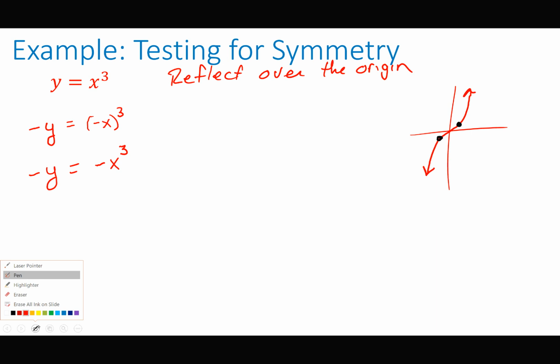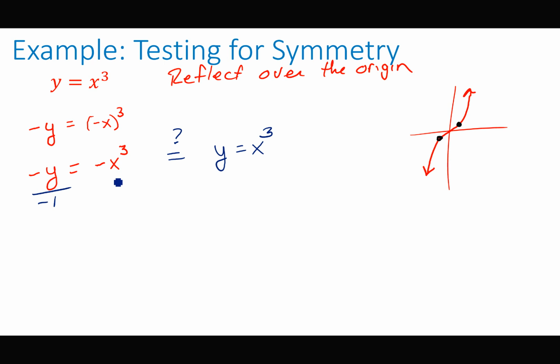So my question to you is, is negative y equaling negative x cubed the same thing as y equals x cubed? Is that a true statement? Yeah, because you could think of it, if I divide this by -1, this by -1, I end up here with positive y and a positive x cubed. So this confirms that this function would reflect across the origin, because I could change x and y to the opposite sign, and it's still an equivalent equation.